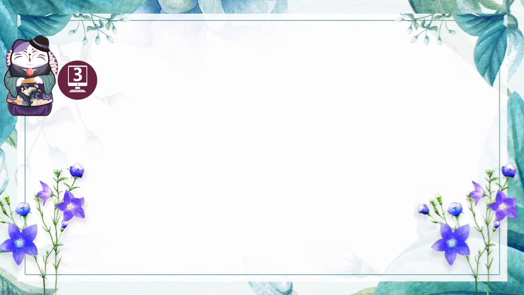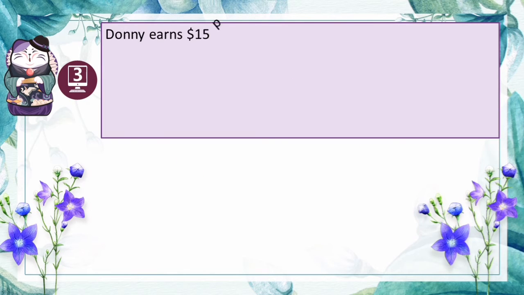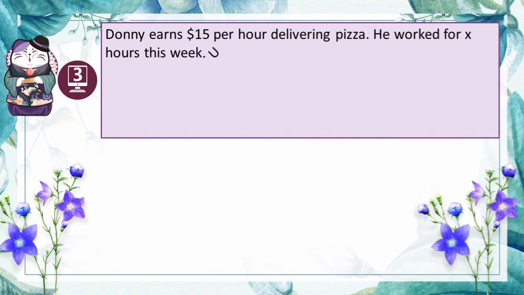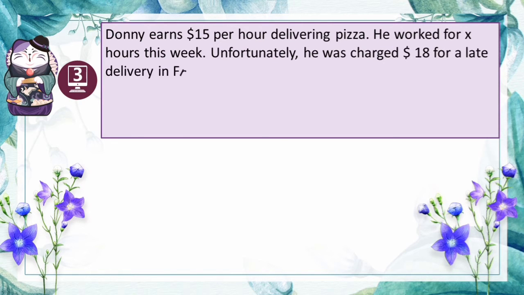Next, example number 3. Donny earns $15 per hour delivering pizza. He worked for x hours this week. Unfortunately, he was charged $18 per late delivery on Friday.